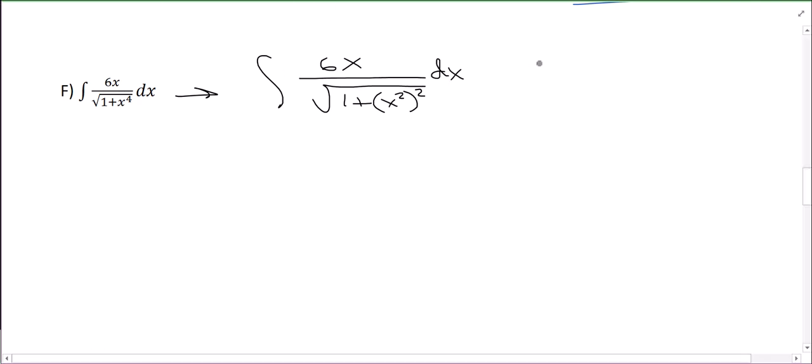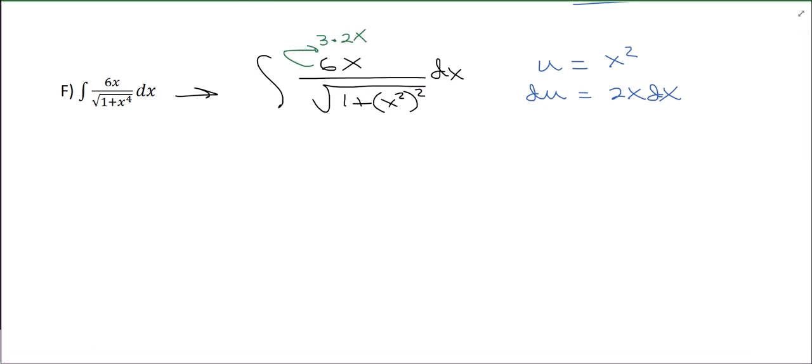And so now I can say, oh, now I can let u be x squared because du is 2x dx. Do I have a 2x dx in my integral? Yes, right. In fact, 6x can be written as 3 times 2x. And so 2x dx is our du.